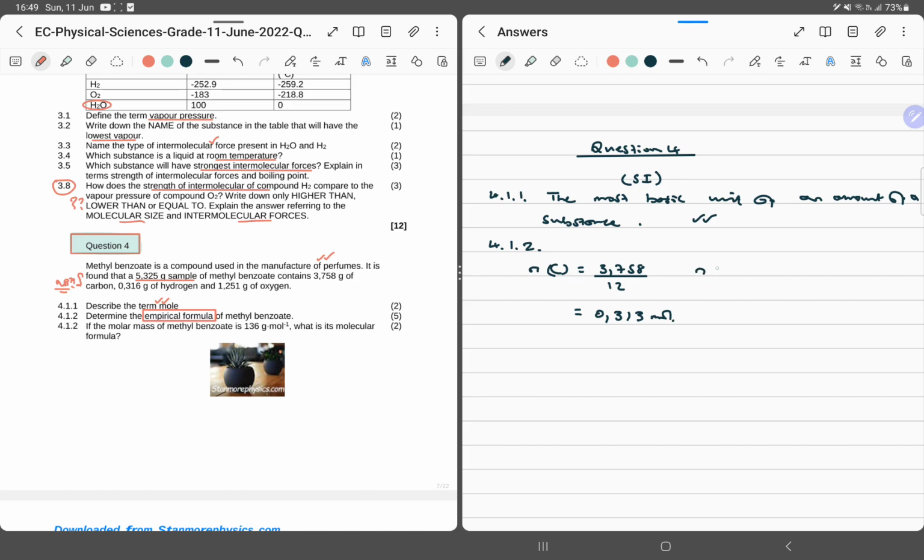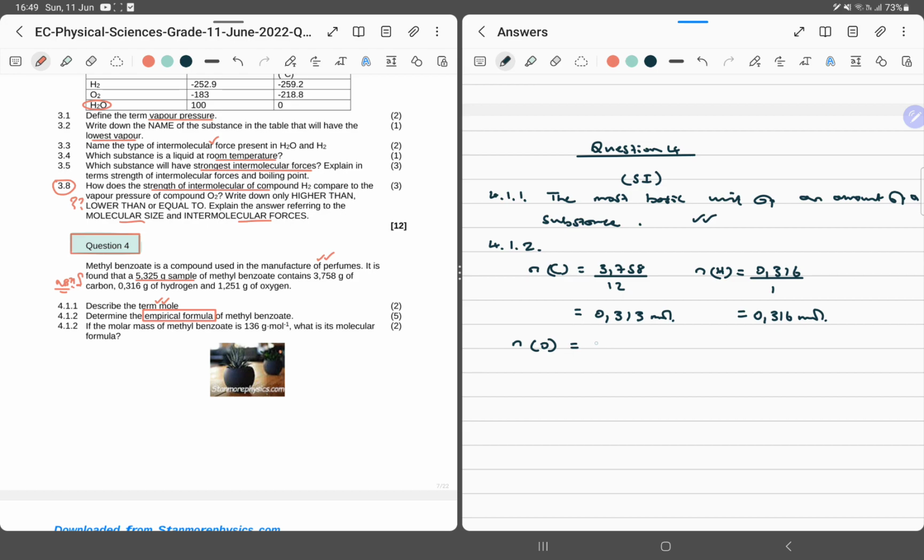Okay, now the number of moles of hydrogen. It's going to be the mass of hydrogen, which is 0.316, divided by the molar mass, which is just 1. So that is just 0.316 mole. And then we want the number of moles of oxygen.